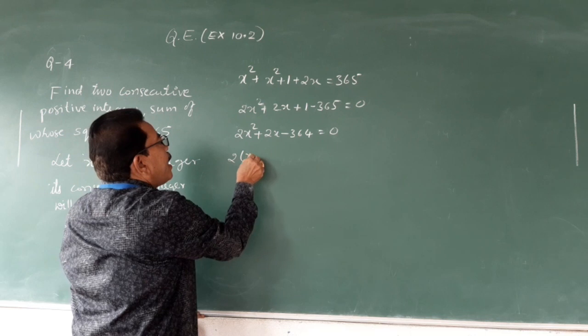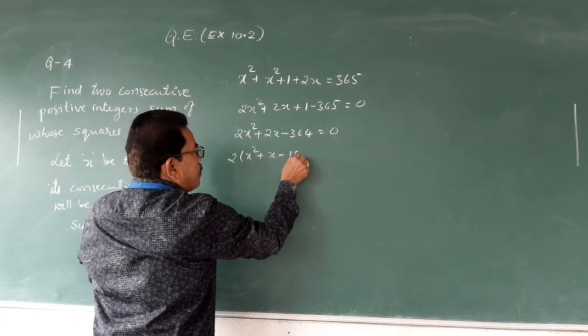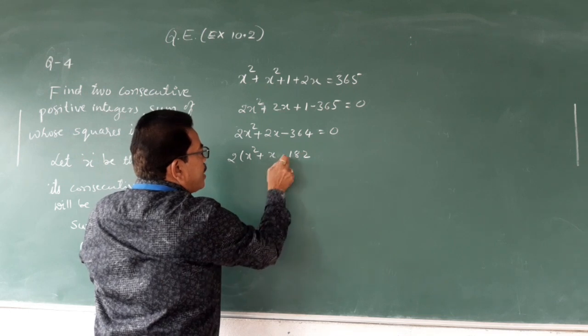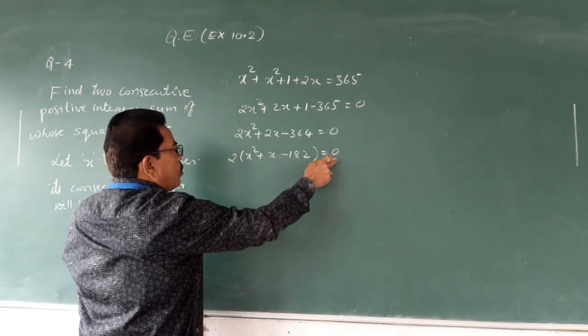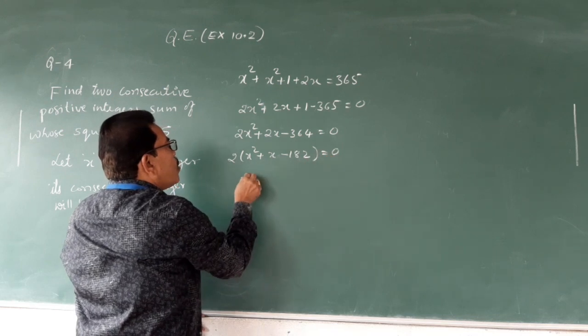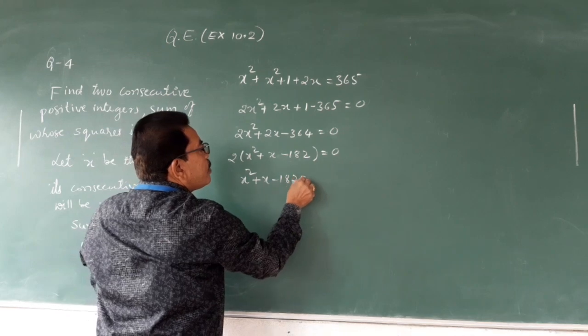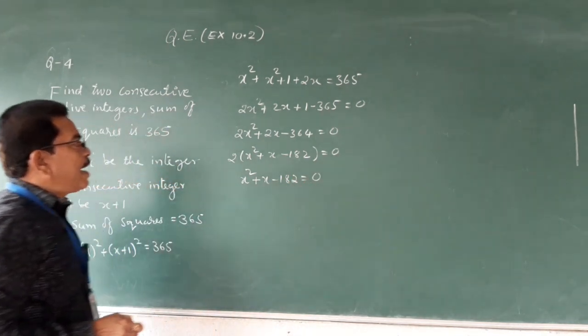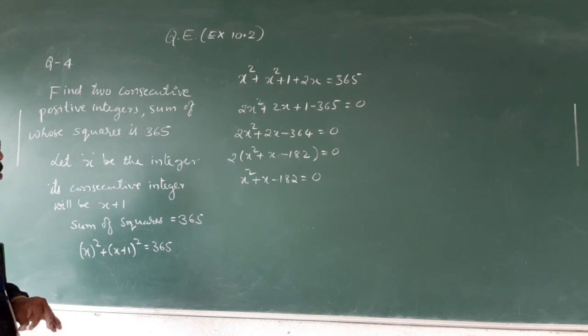Now 2 in the bracket, x square plus x minus 182 equals 0. Now 0 divided by 2 means 0. So x square plus x minus 182 is the required equation. Now let us split the 182.